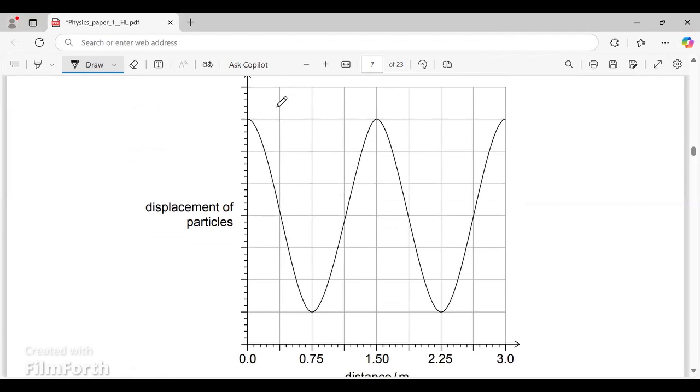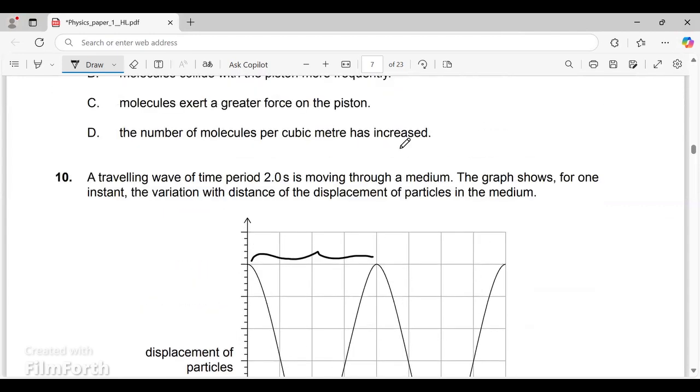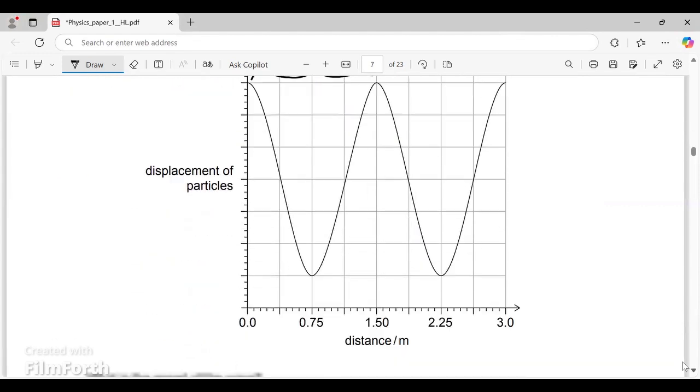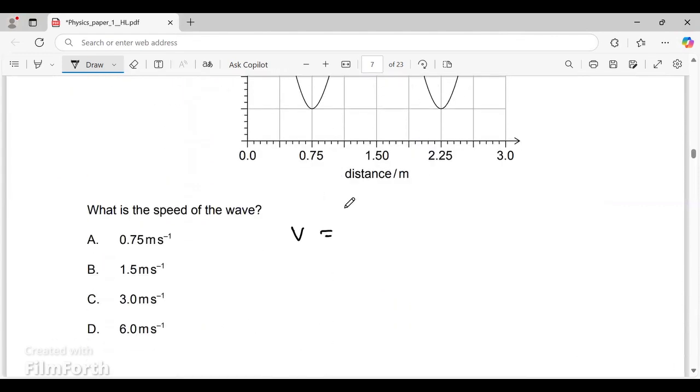So it is 1.5 meters divided by the time, 2 seconds, so 0.75 meters per second. This one, A.